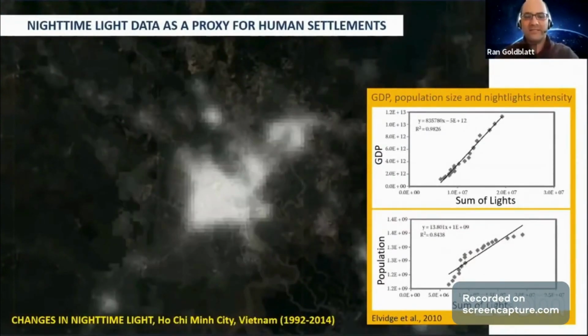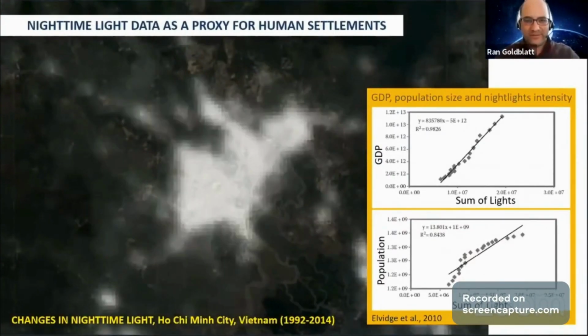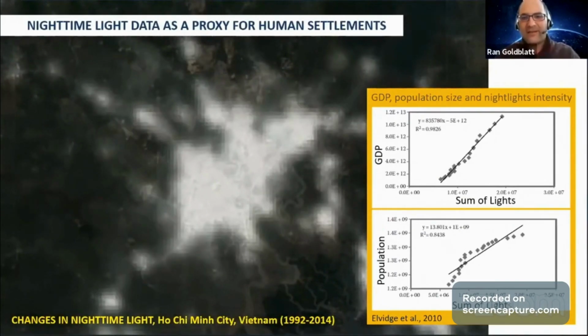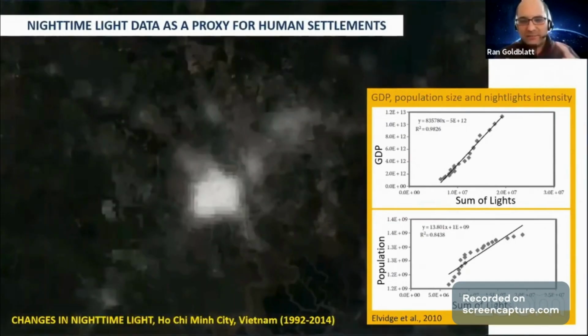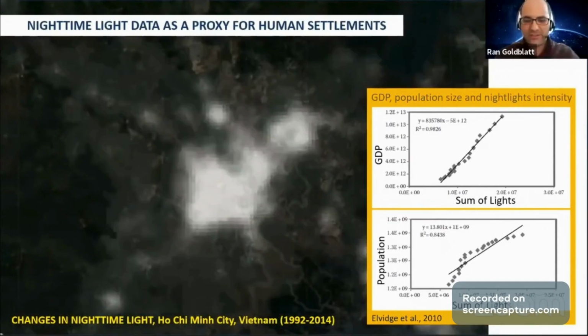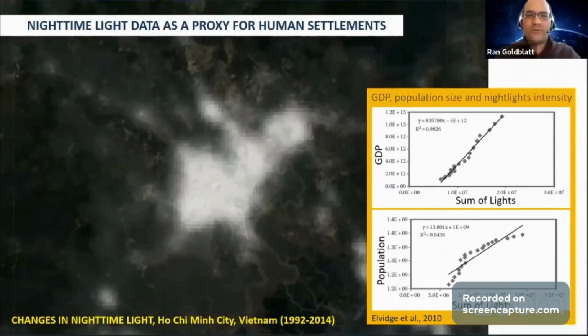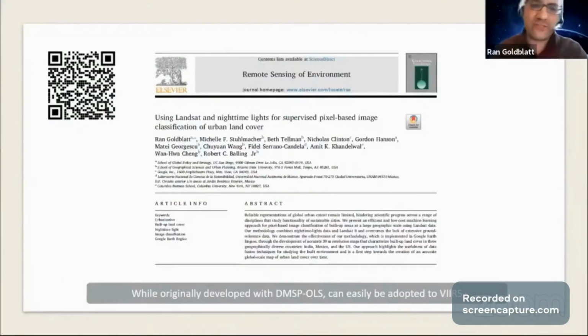On the other hand, and this is what we're talking a lot about today, is nighttime light data. Nighttime lights are closely related to GDP, population size, urbanization, wealth, as we saw. And what I want to present now is a methodology that we developed that uses nighttime light data to extract labeled examples, which are then used to map urbanization globally.